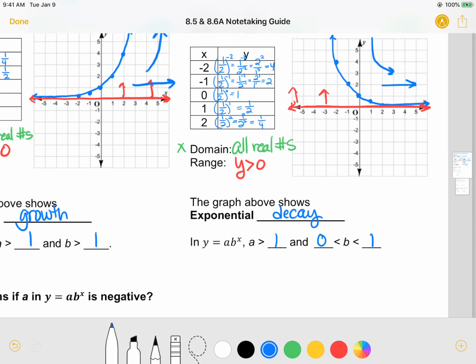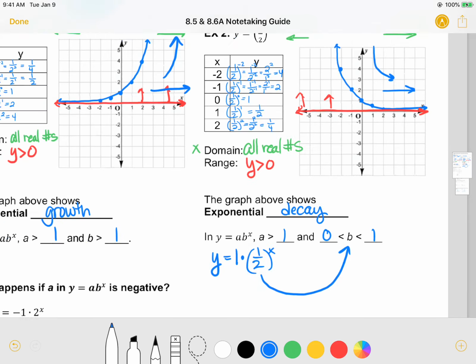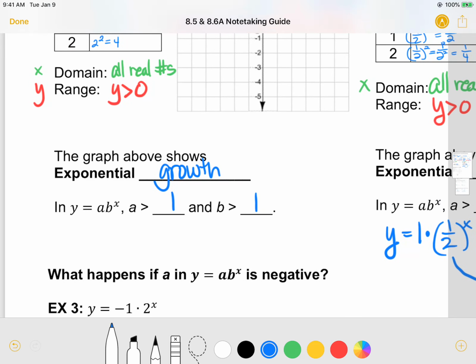Okay? So we can see that because we have the function y equals essentially 1 times 1/2 to the x power. And this number, 1/2, is a number that's in between 0 and 1, versus example number 1, where we have y equals 1 times 2 to the x power, and this number is a number greater than 1.